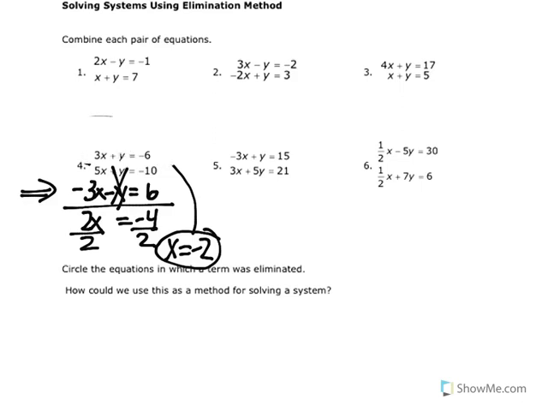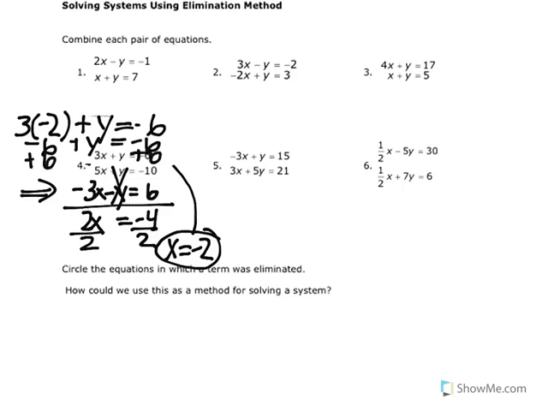So let's do that. If x is -2, let's say 3 times -2 plus y equals -6. So that means -6 plus y equals -6. If I add 6 on both sides, that says y equals 0. So the solution to this one is (-2, 0).